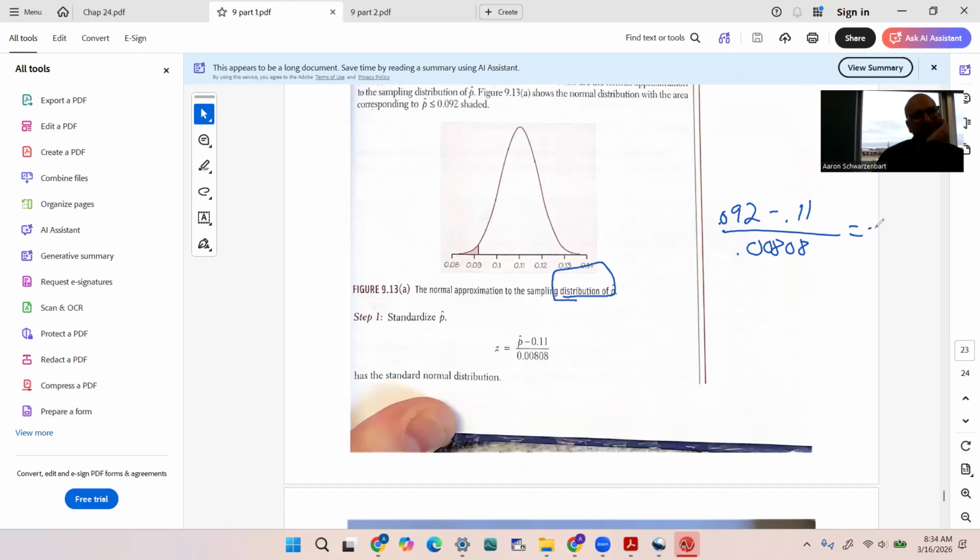And when we look that up, we get just over a 1% chance.